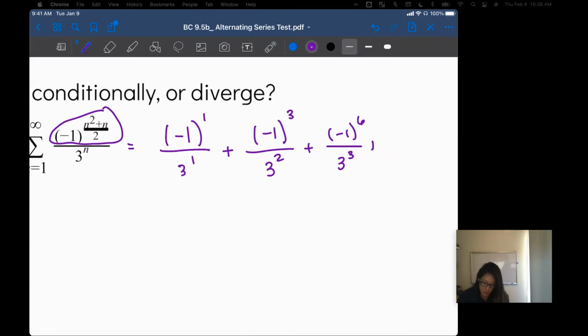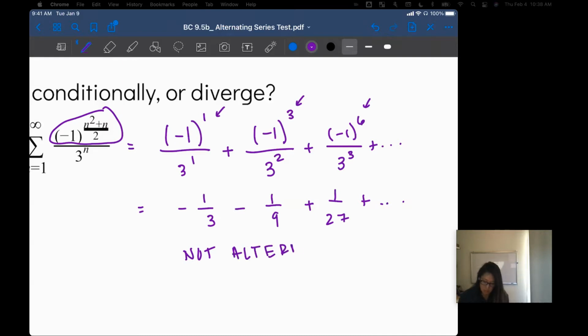Okay, so I can see that we are not switching off our powers even odd. So this is going to be negative 1 over 3 minus 1 over 9 plus 1 over 27. Not alternating. But the signs are switching a little.